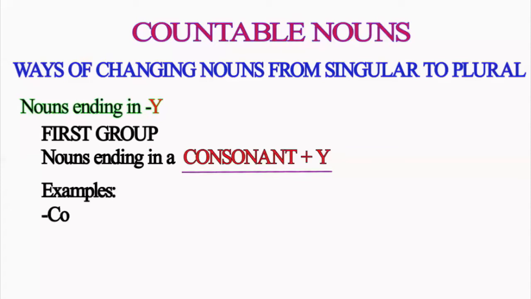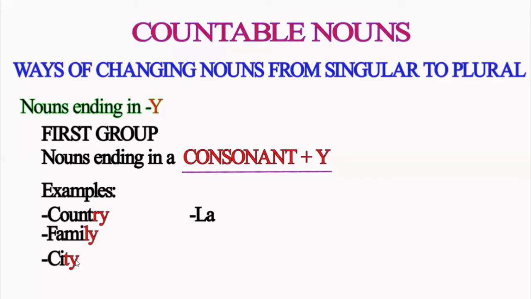Let us see examples. Okay, example, we have country, the last letter is Y, but before Y there is consonant R. Family, we have the last letter Y, but before Y there is consonant L.